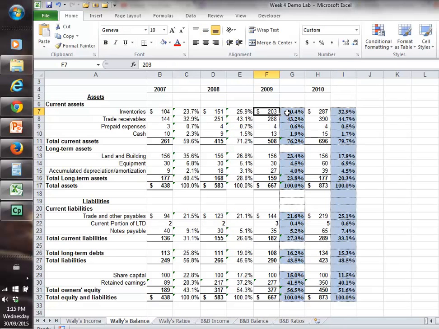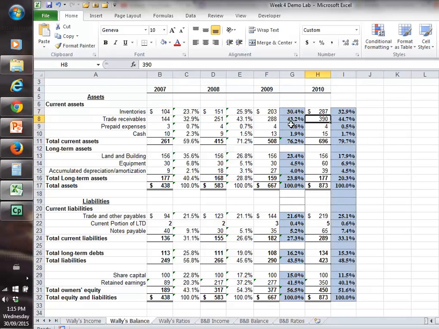One, I'm tying up a lot more money in inventory I've got sitting around during the course of the year. There's all sorts of inventory management programs out there, but when you add rent and heat and light and hydro and financing, all this sort of stuff, inventory sitting around is not a good deal. You want to have as little of that as possible.